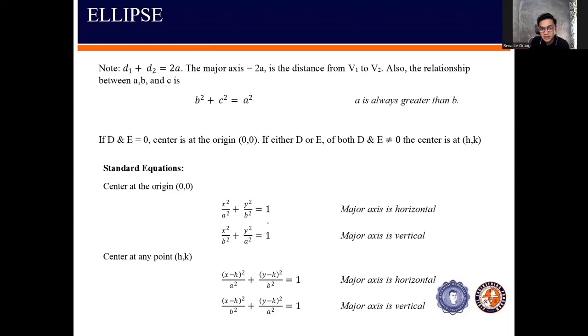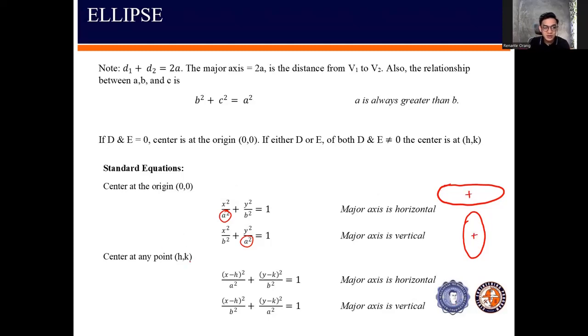It means that if the larger denominator is under x squared, our figure looks like this, with a horizontal major axis. While if the larger denominator is under y squared, our figure is something like this, with a vertical major axis. So, that is when the origin is at the center.